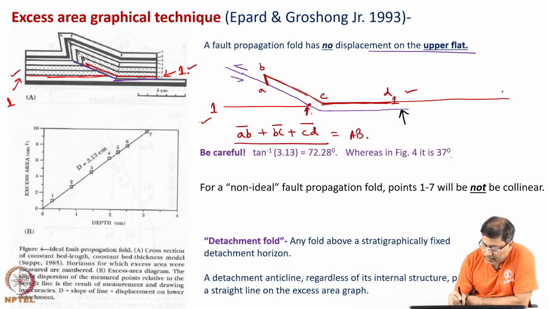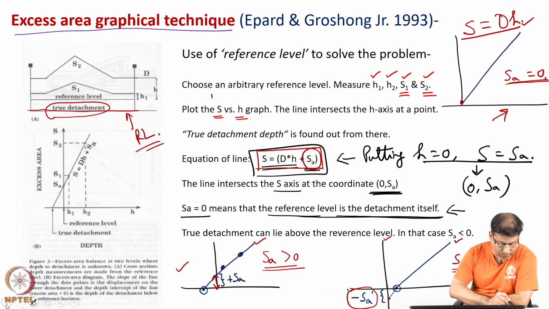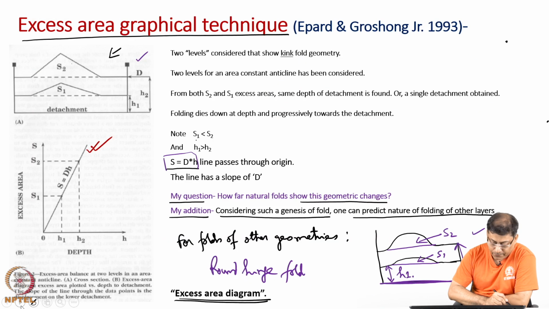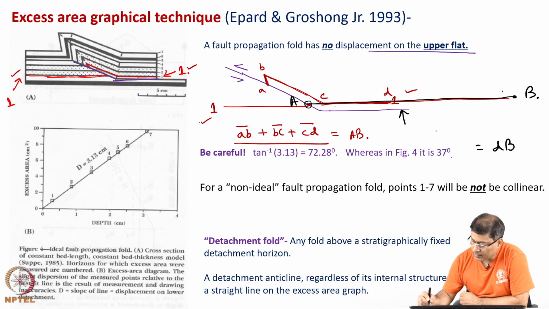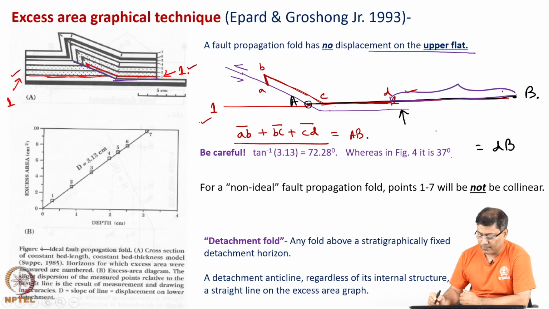This is point A. Now, extend this line here and reach this point on the fault plane, call it capital A and draw the AB length. Next, I have to find out the L0 minus L1 length, just like this diagram, which is here dB length. Where is dB? This is the dB length. So, that length has been obtained.